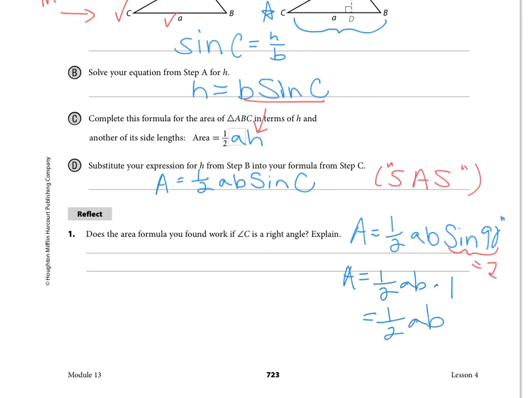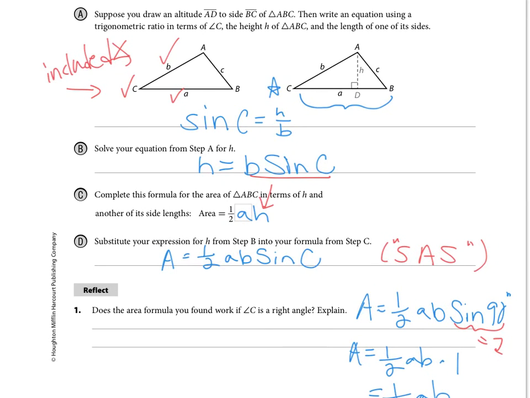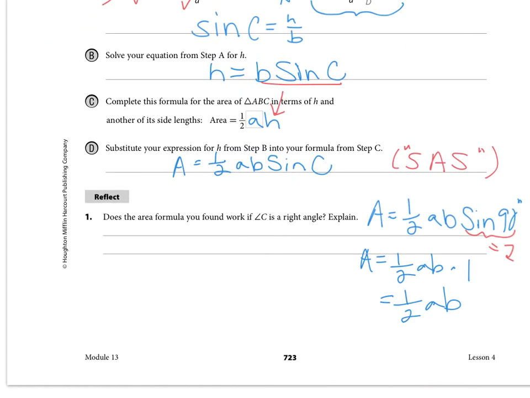And again, think of the picture that we would have there. If we took the triangle up top here and we modified it so that this angle C was 90, then this b and a would be perpendicular. And so our picture would look kind of like this.